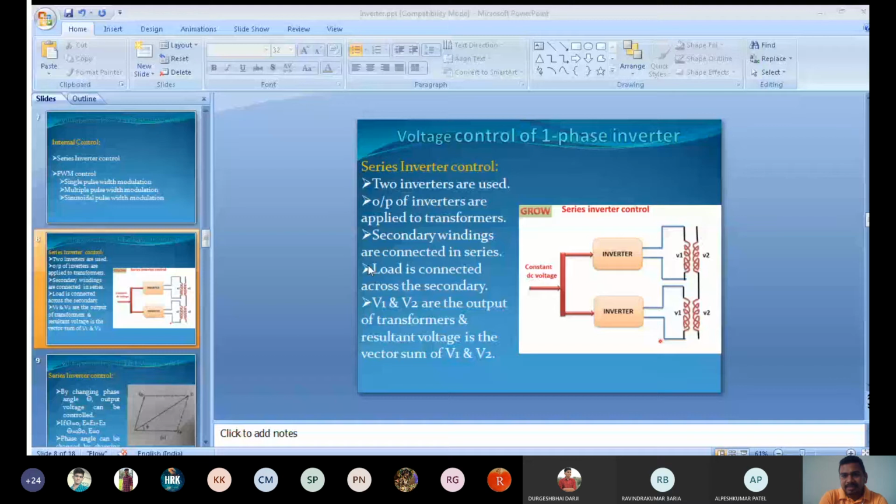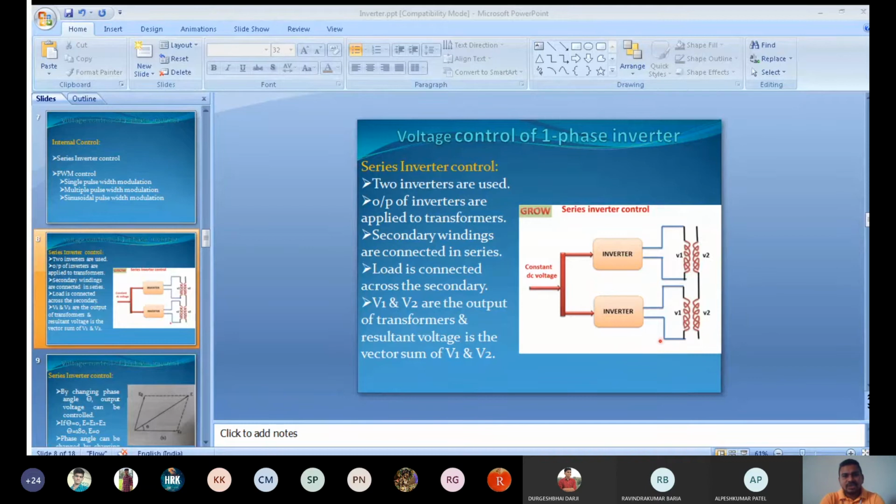Settings are made such that this happens. The pulse width can be changed from 0 to 180 by changing the value of the reference signal from 0 to maximum value, and the change in output voltage can be made.